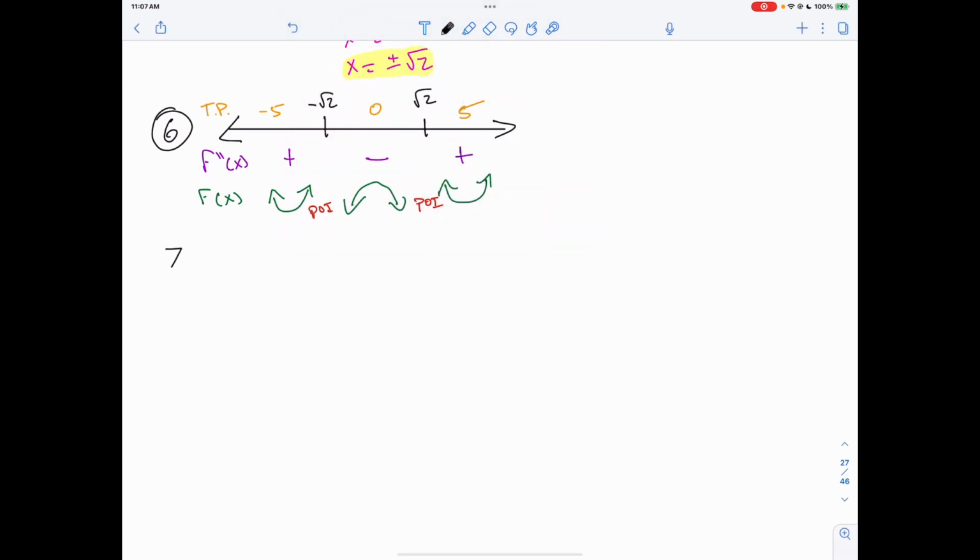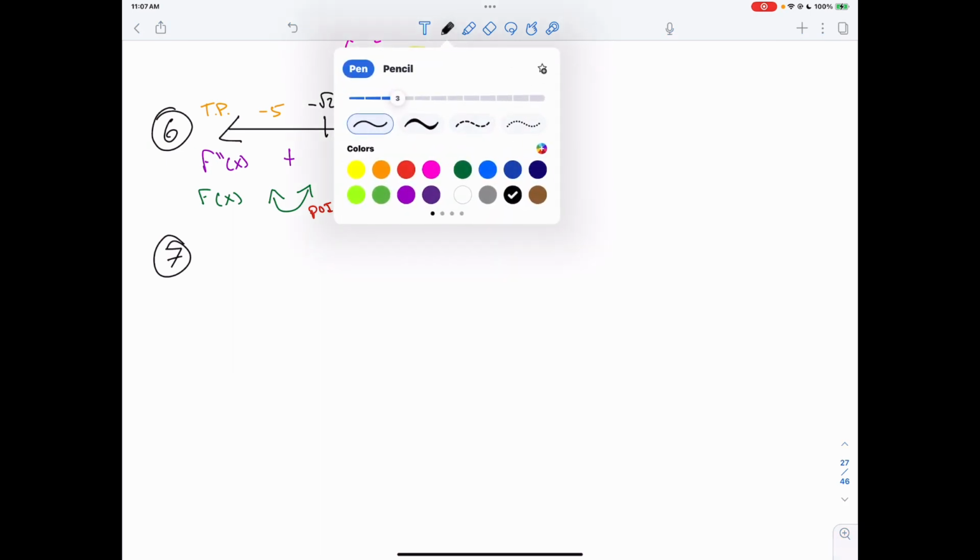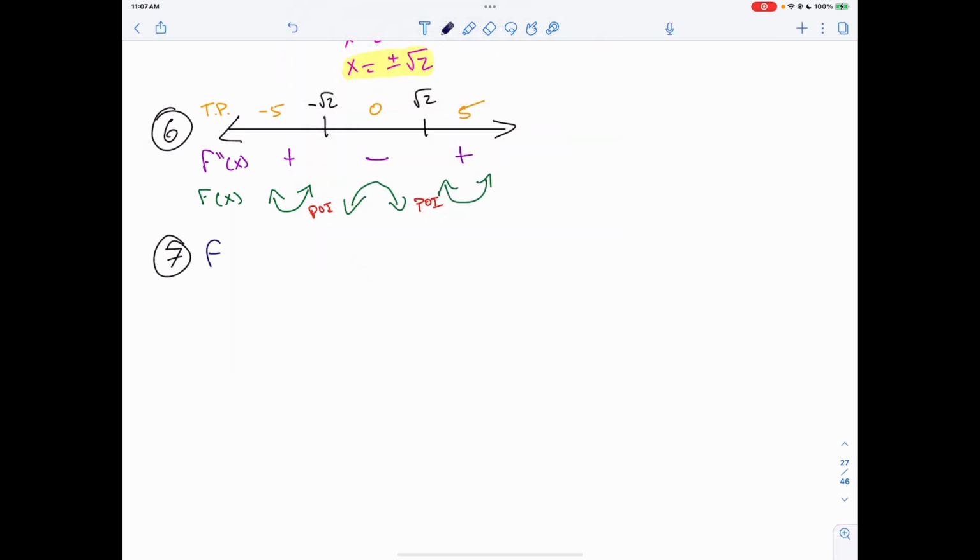So I need to find what the coordinates are for those points of inflection. I'm going to solve f of -√2, or 2 over the square root of (-√2) squared plus 4, which is going to be 2 over √6, or when I rationalize that, √6 over 3.